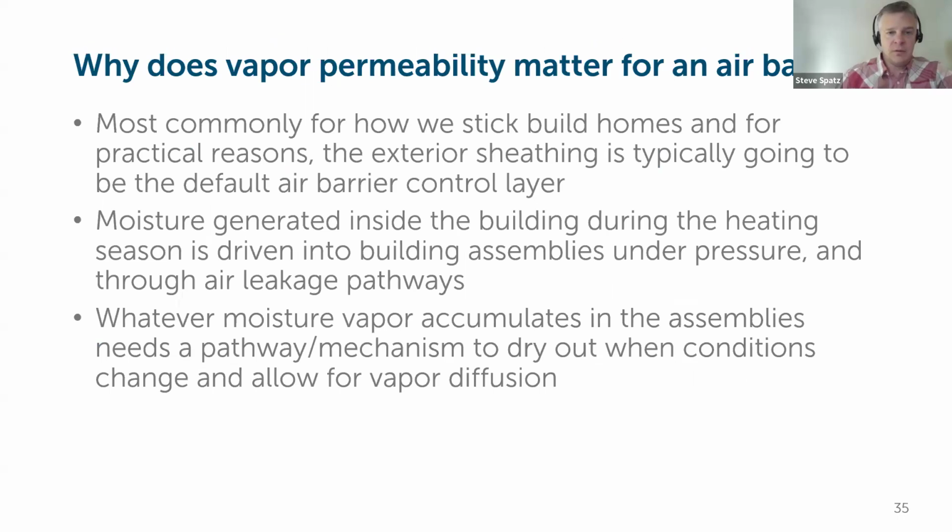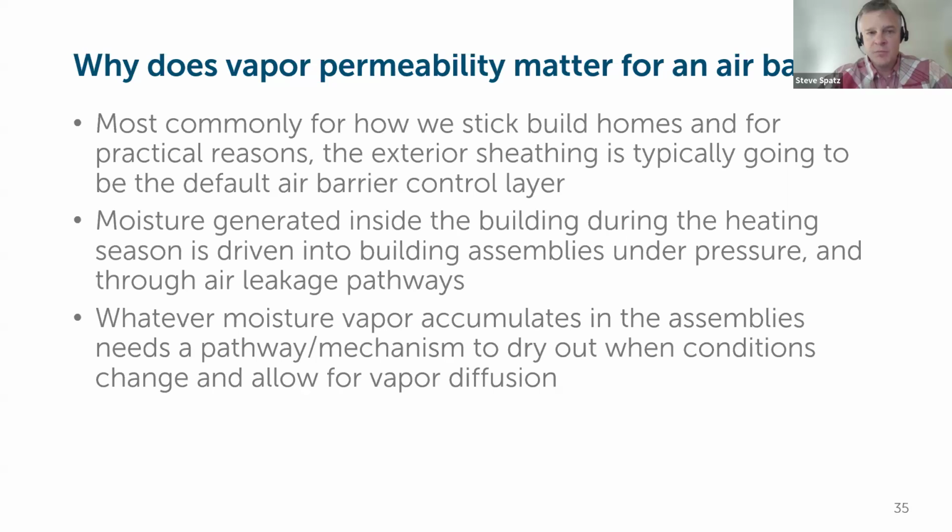So for an air barrier, why the vapor permeability matters is because that is most typically the outboard layer, if not continuous insulation that's outboard of the sheathing, that any moisture vapor driven into those assemblies will see. And so you have significantly different dynamics at play if you have a very low vapor permeable exterior sheathing, or a vapor barrier, essentially exterior sheathing layer and/or continuous insulation layer, versus a vapor permeable sheathing and/or continuous insulation barrier.